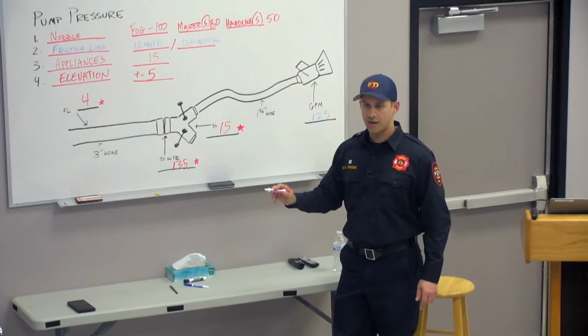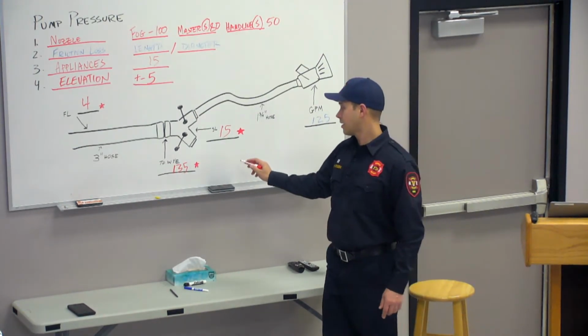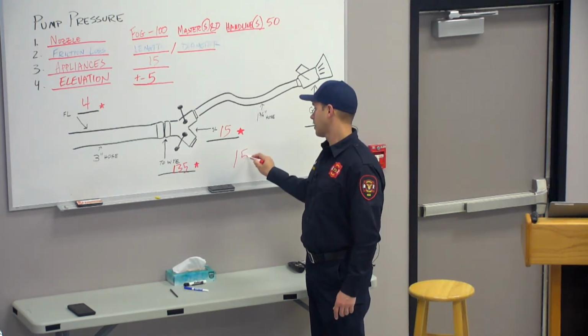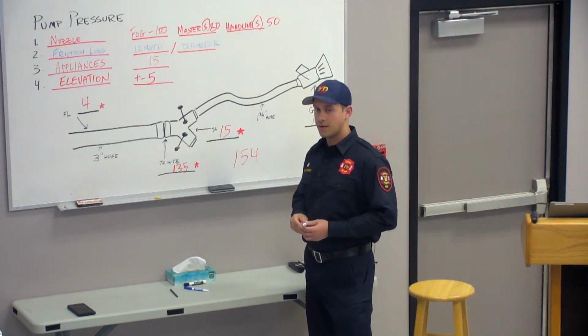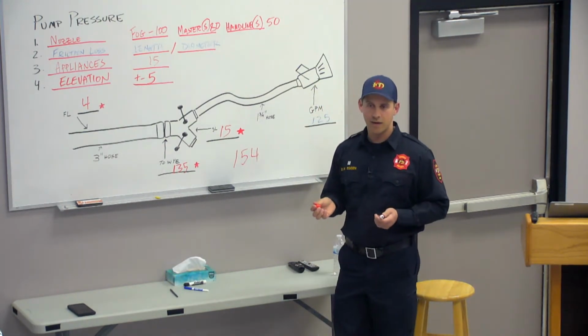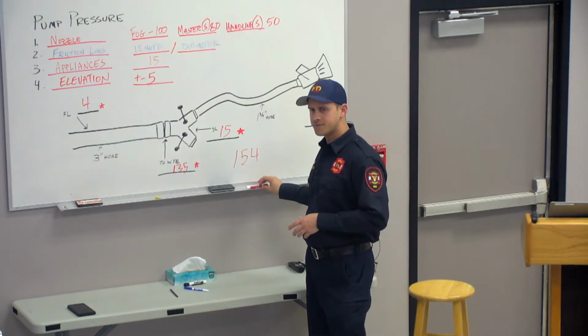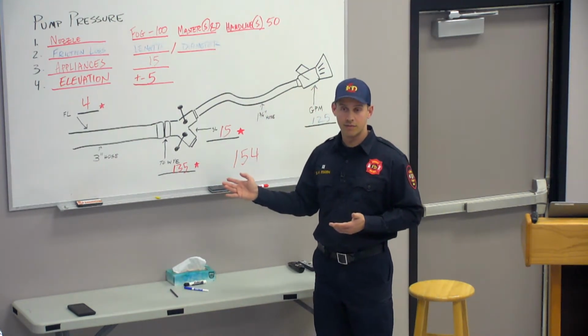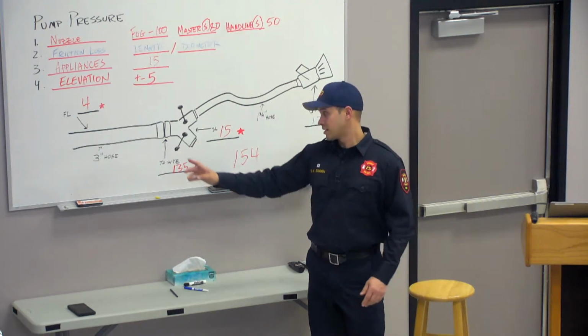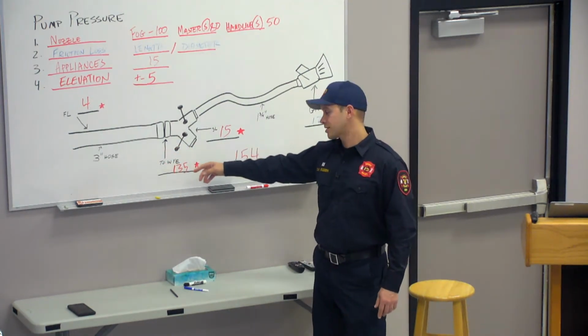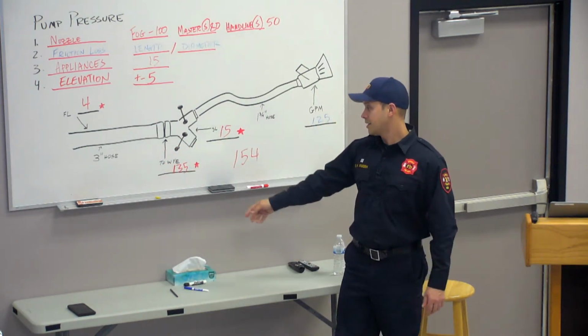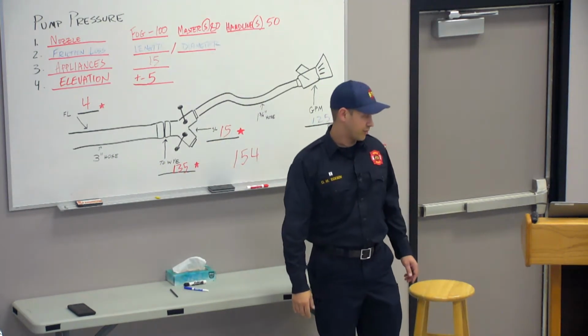What are those 4 added, or those 3 added up? That's how we get there. People may say 148, 150, 154, whatever. That's how they get to that number. Does that make sense? That's why we understand that on 3-inch, we need gallons per minute, and then everything else we have set numbers for.